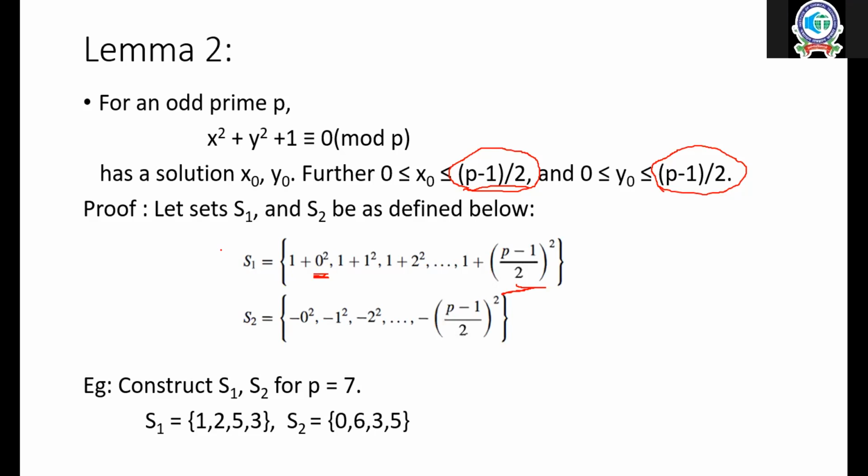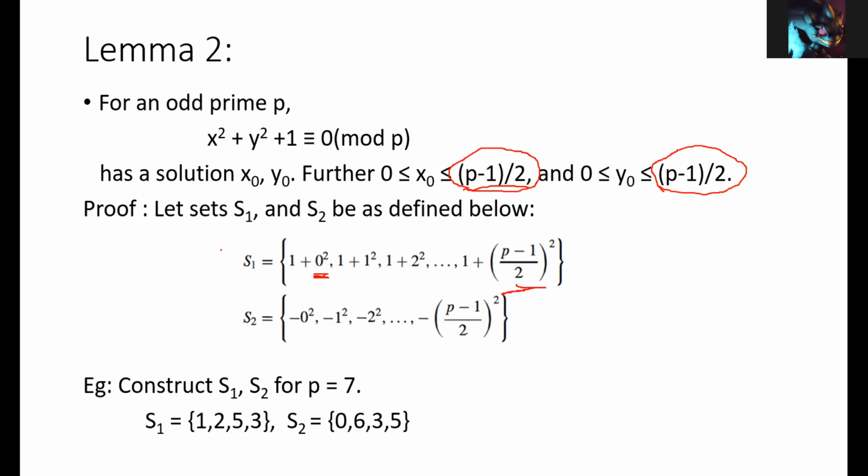So then what do we have? In total, how many elements are there in S1 and S2 together? (P plus 1)/2 and (P plus 1)/2, so P plus 1 elements are there. So can you say something now? Yes, sir. All of them are distinct in S1 and S2, and together they are P plus 1 in number.